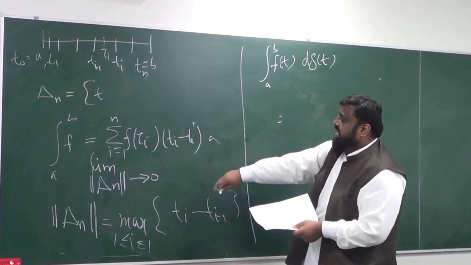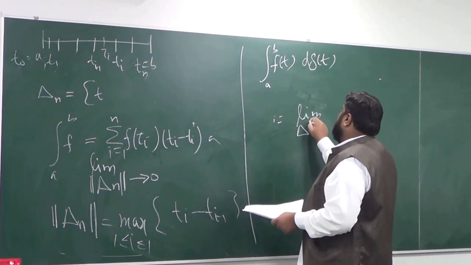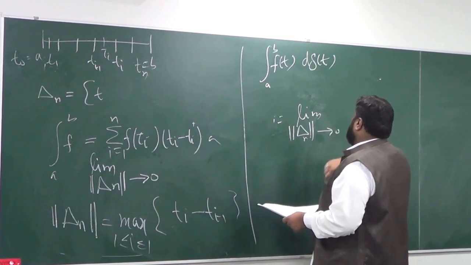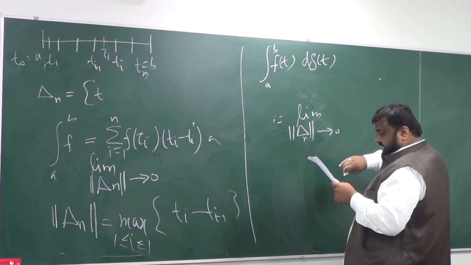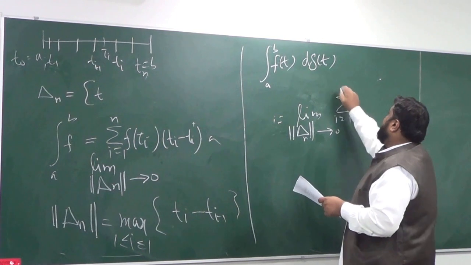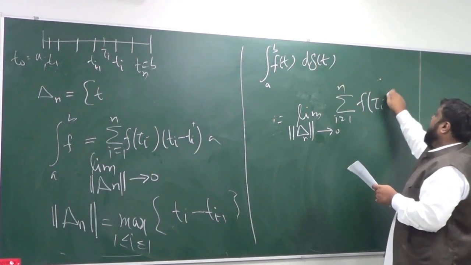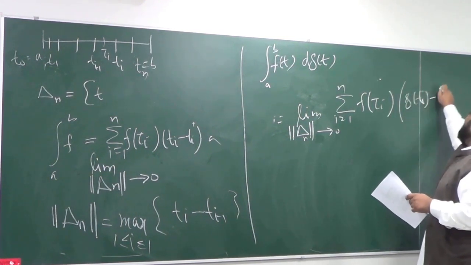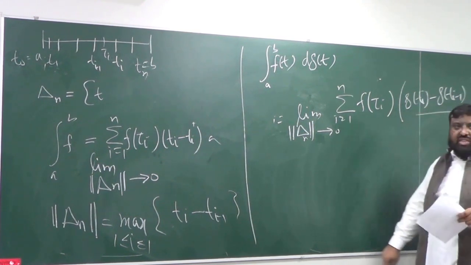With the same notation, you say that if this limit exists, as the limit of delta n goes to 0, of the sum i equal to 1 to n of f(ξi) multiplied by g(ti) minus g(ti minus 1). In other words, the increments of these functions g.